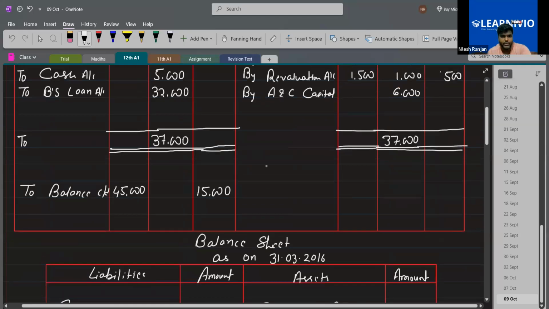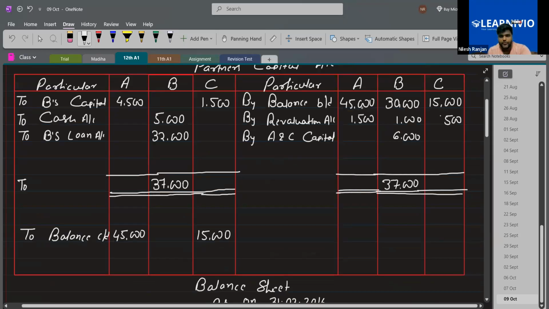So let us complete capital account. So 45 plus 1, 46,500 it is. And here it is 15,500. So 46,500 and 15,500. We will calculate the balance.